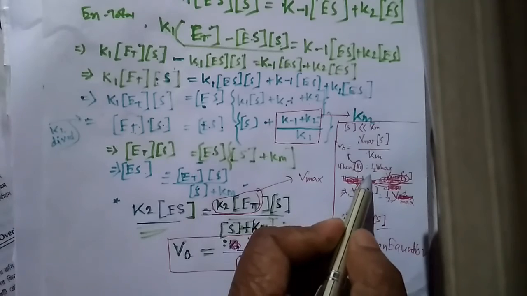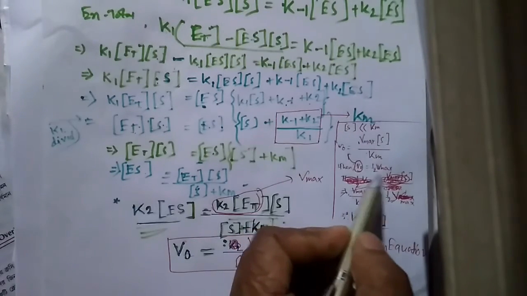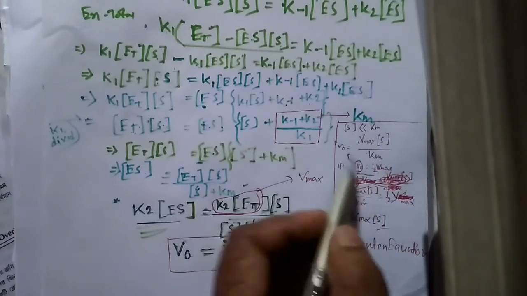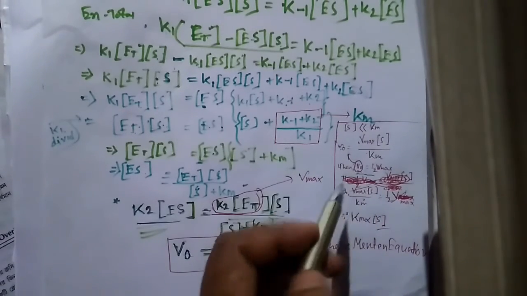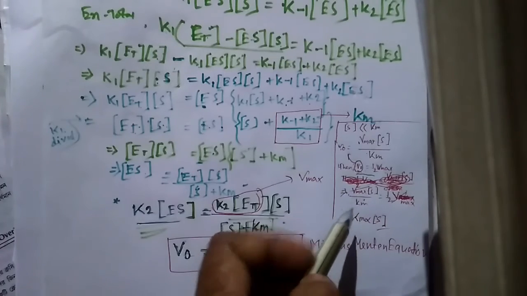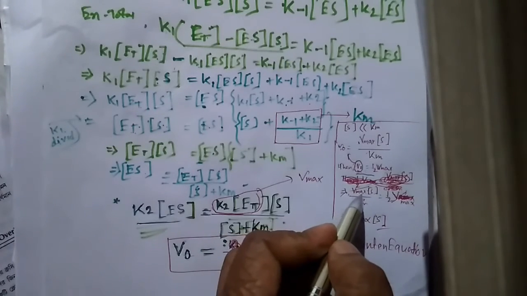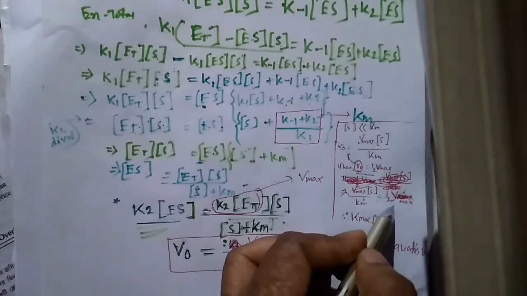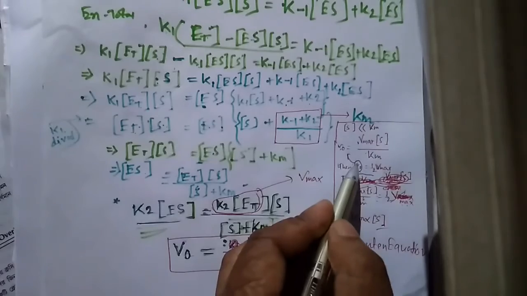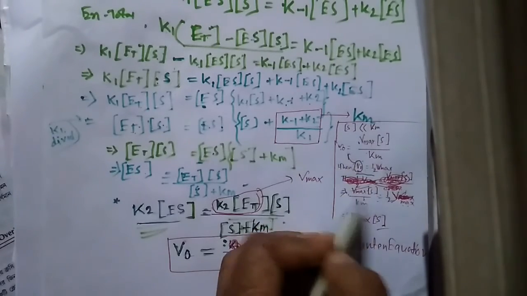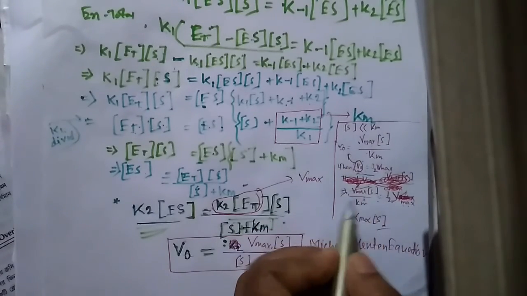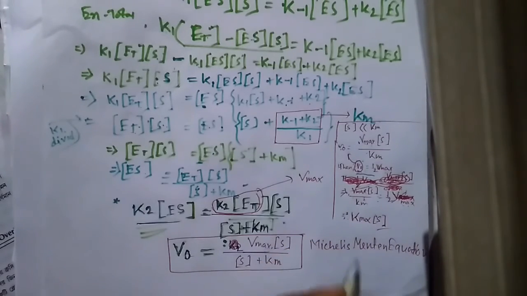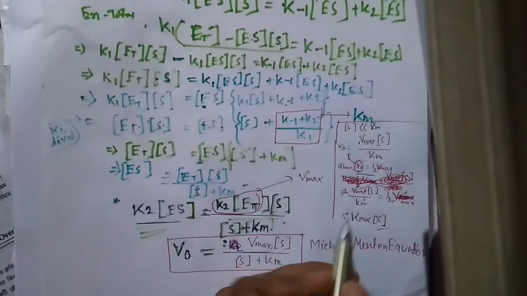In the case of half Vmax, V0 is equal to half Vmax. So we put the V0 value as half Vmax: Vmax S by (S plus Km) is equal to half Vmax. With Vmax common and Km common, Km equals S. This is the Michaelis-Menten equation.